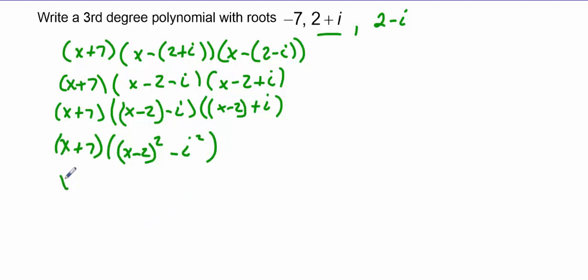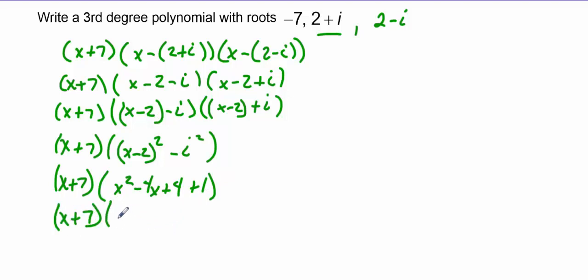Therefore I have x plus 7 times, I can multiply that out pretty easily, x squared minus 4x plus 4. This ends up being plus 1. And I have x plus 7 equaling x squared minus 4x plus 5. I can now distribute all that through, which I'm going to have to do because they wanted me to find a third degree polynomial.